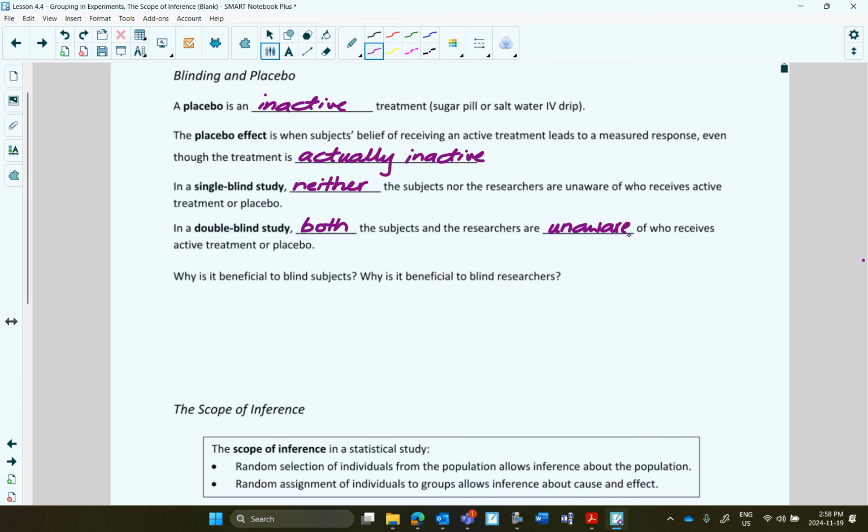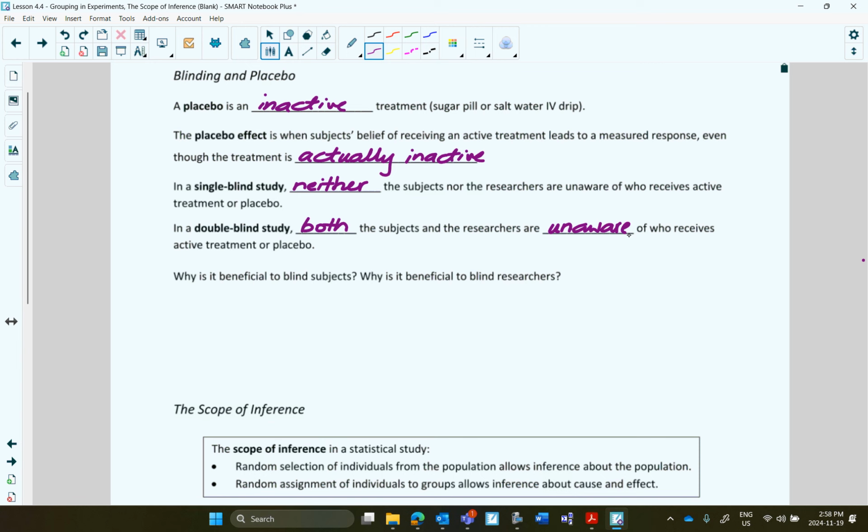If someone knew they were getting a placebo, they would report the same results. Say that again.